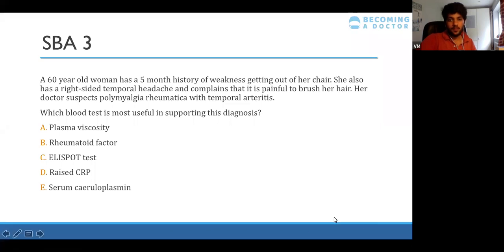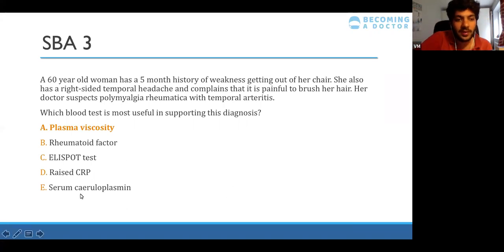Okay, most of you have voted. Good stuff. So this seemed to be a little bit challenging. The answer is plasma viscosity. And it's a bit of a difficult question because I didn't necessarily put ESR.